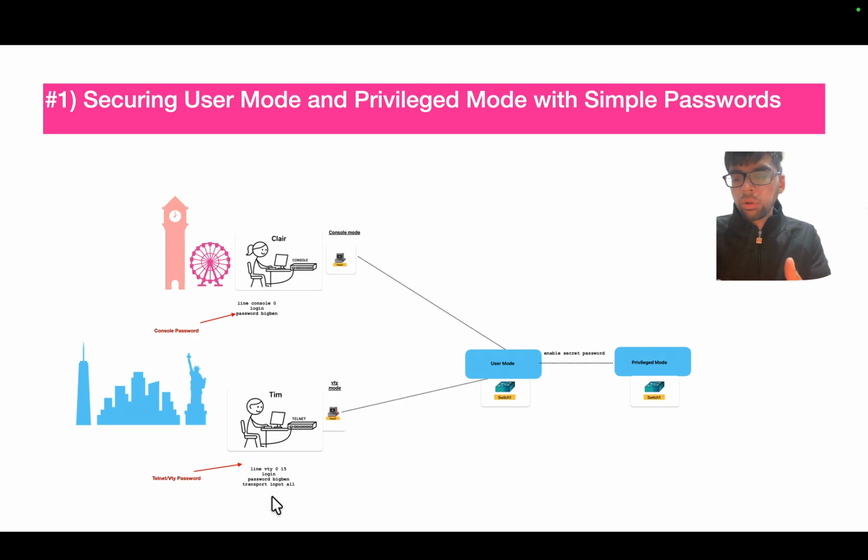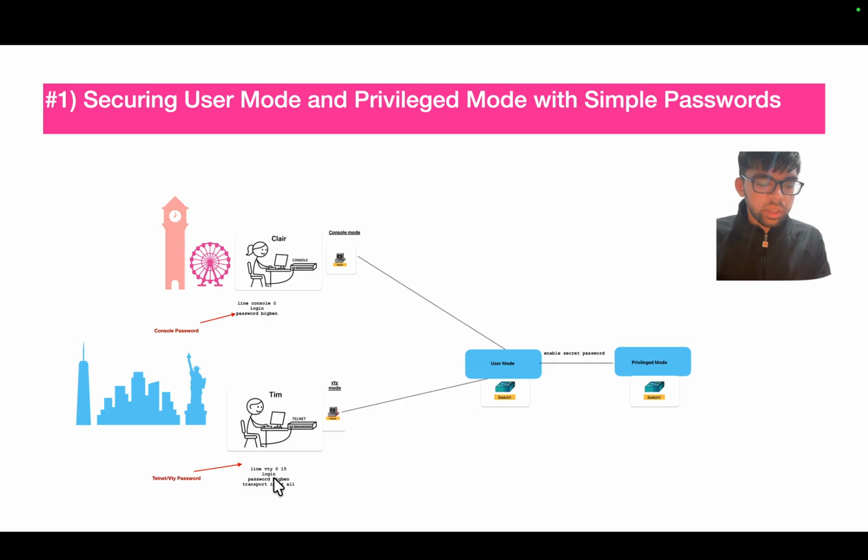Transport input all allows SSH and telnet access. You could just do transport input SSH, for example, but in this case transport input all is allowing access from telnet and SSH.